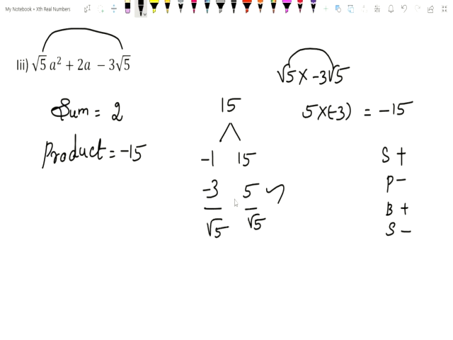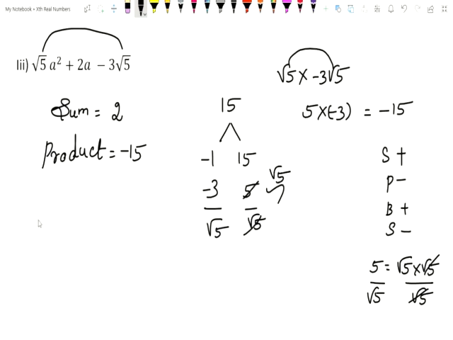How can you split this 5? You replace the 5 with root 5 into root 5. After that, you divide by root 5. 5 by root 5: here root 5 cancels, so what is remaining? Root 5.